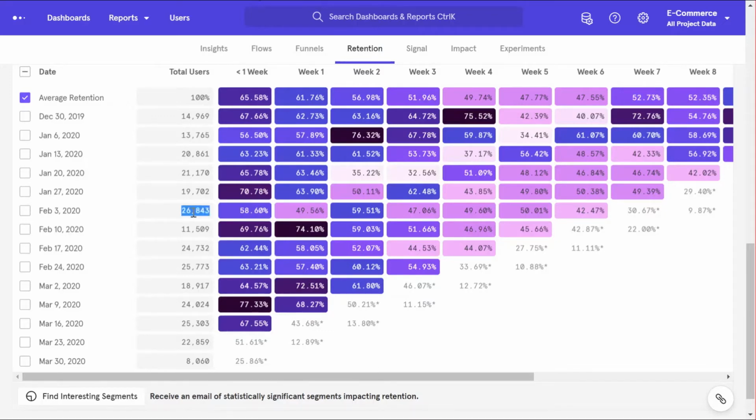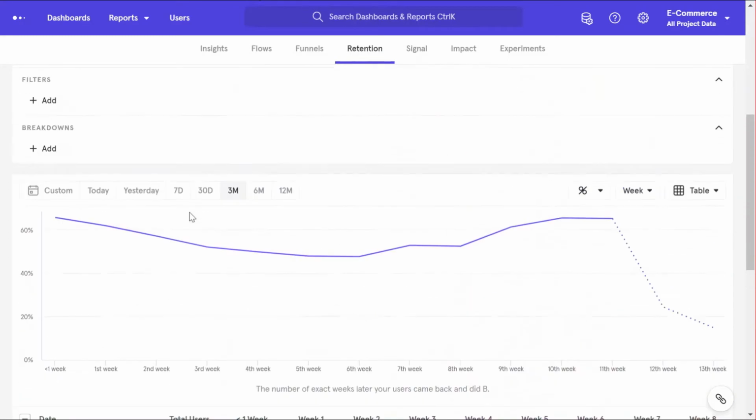So you may want to see that all these 26.8k people who placed an order in this week, was there something wrong with the experience here? We do see a sudden jump in number of orders. Did our operations not handle all the orders well? Were they not delivered in time? What went wrong here that these people did not come and place orders as frequently as some of these other cohorts did, right? So this is your retention.